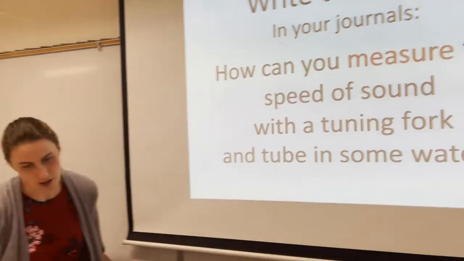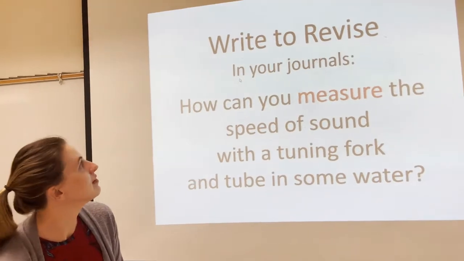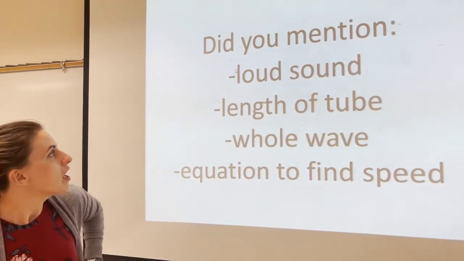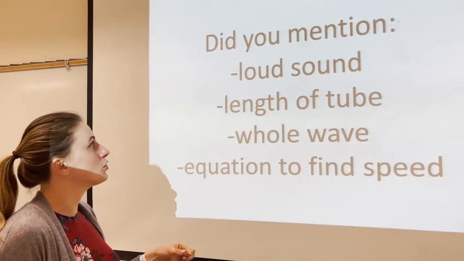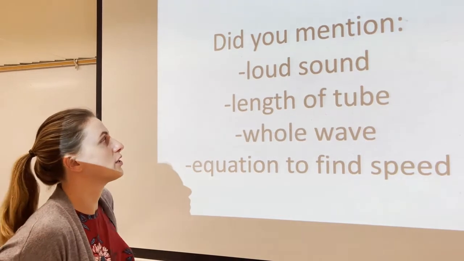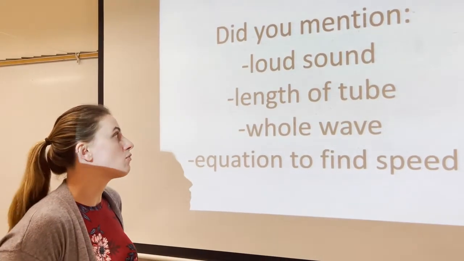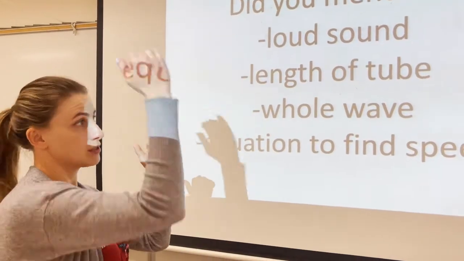Okay, so the big idea here is, what did we do yesterday to find the speed of sound? Did you mention that we pulled the tube out of the water until we heard the loud sound? That's an important part. Then at that point, we measured the length of the tube from the bottom of the water to the top of the tube.